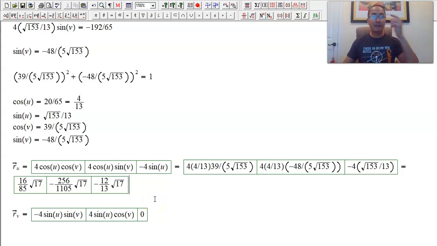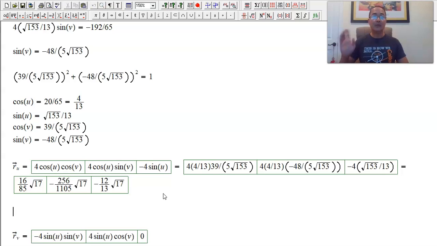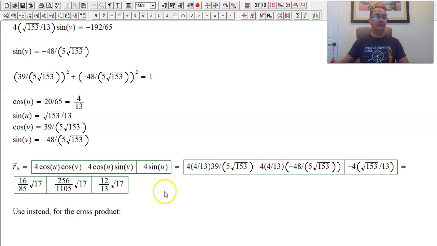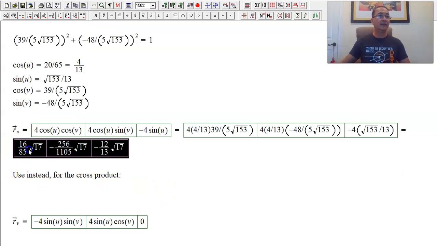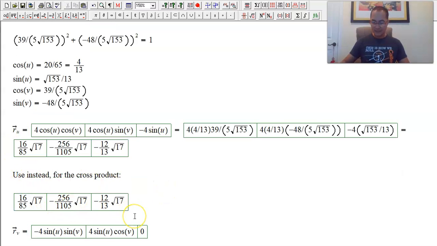Okay, very nice. Now, remember, we are going to take cross products, because we want just the direction of the normal vector. So we can certainly get rid of the square root of 17. So instead of putting equals, we will use instead for the cross product, we're going to take this vector, reduce it.